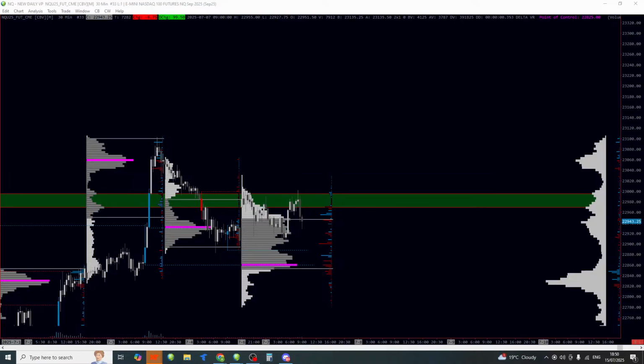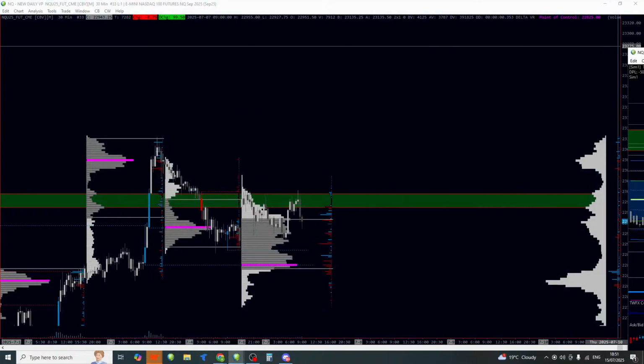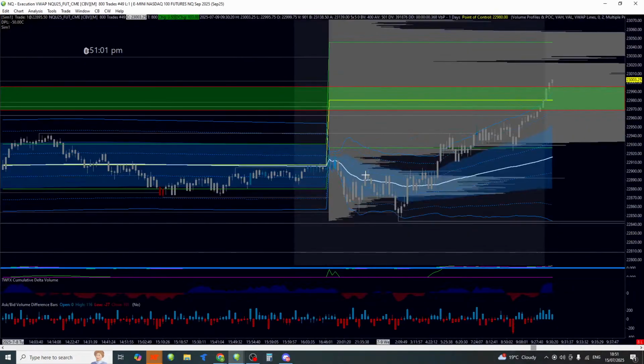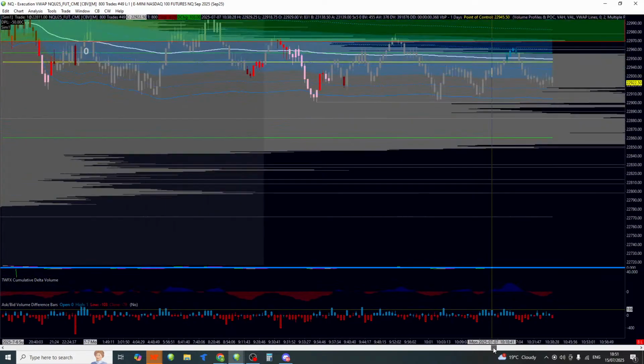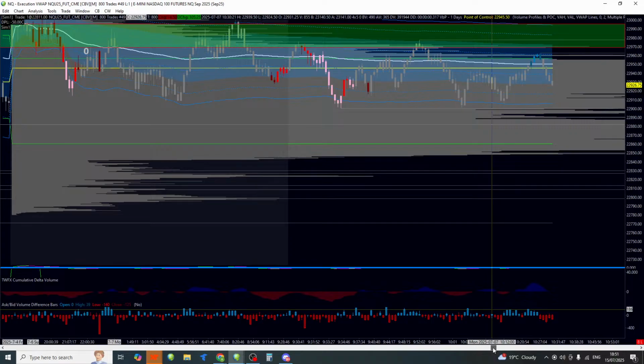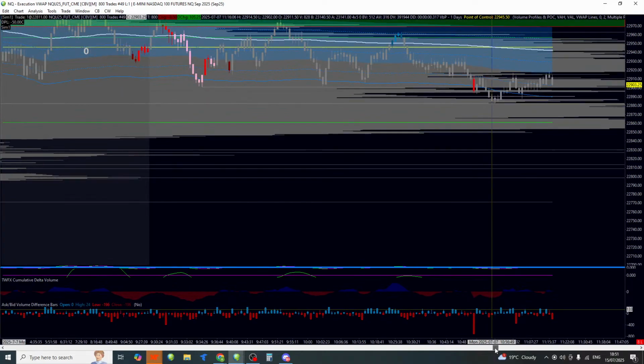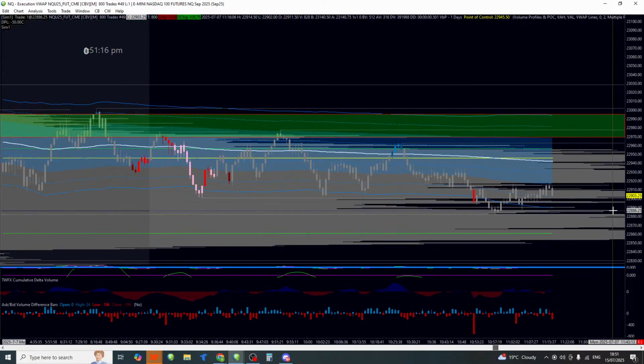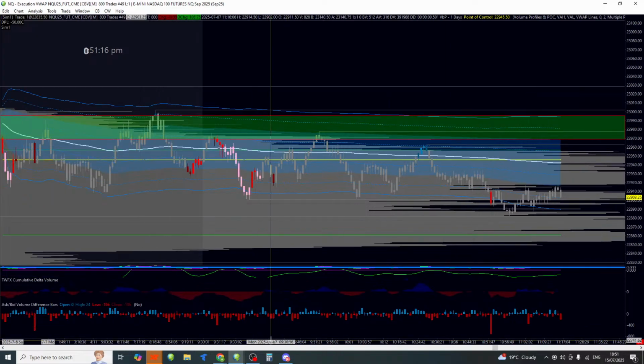So this was on the 7th of July. So if I go to my VWAP chart, let's just go back to the 7th of July. Right, so you can see here, right?